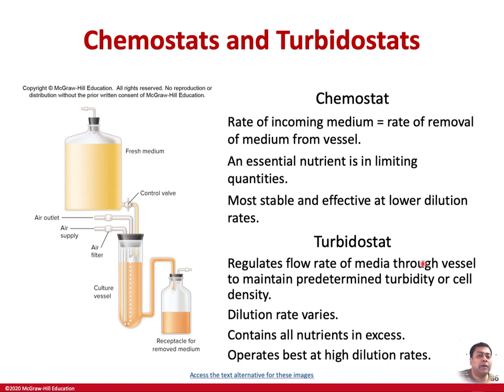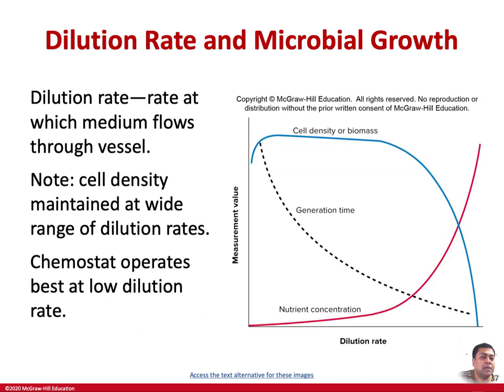A turbidostat regulates the flow rate of media through a vessel to maintain a predetermined turbidity, or cell density. The dilution rate varies, all nutrients are in excess, and it operates best at high dilution rates. So the chemostat is advantageous at lower dilution rates, whereas the turbidostat operates best at high dilution rates.